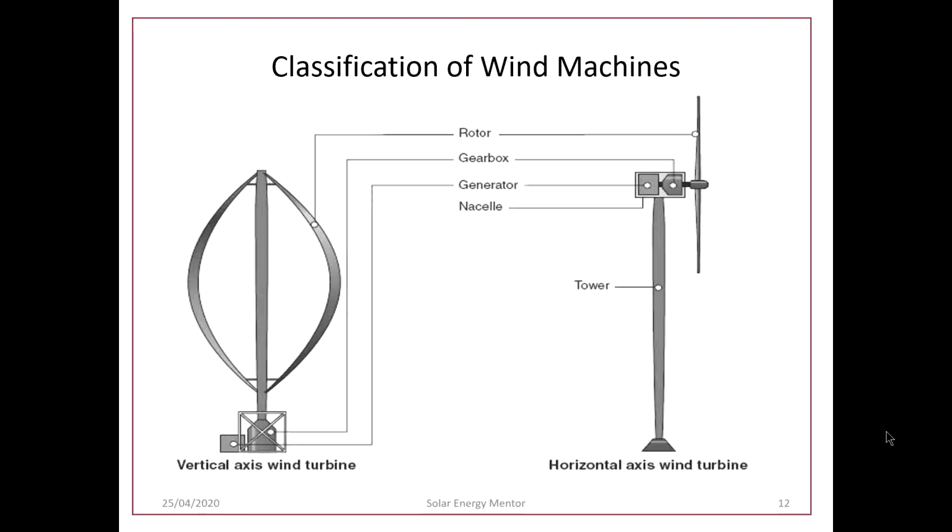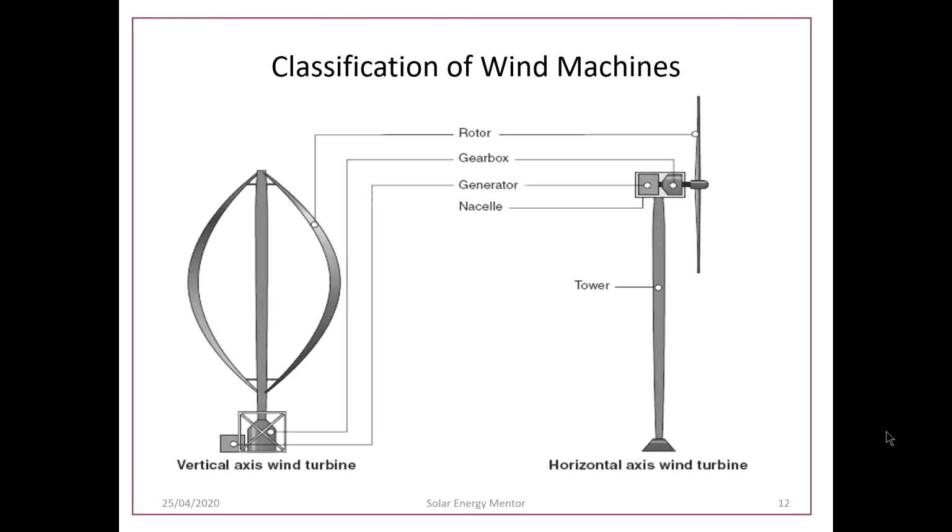But nowadays, with advancement of technology, windmills are called wind turbines. They convert their rotational energy into electricity, and that electricity can be supplied to the grid. So those machines are called wind turbines.